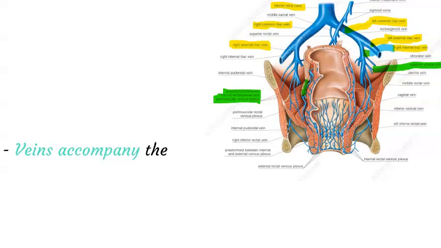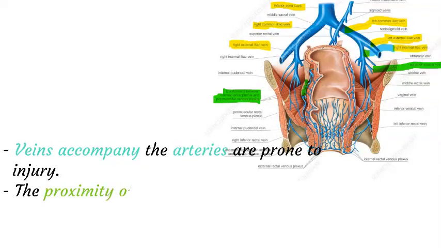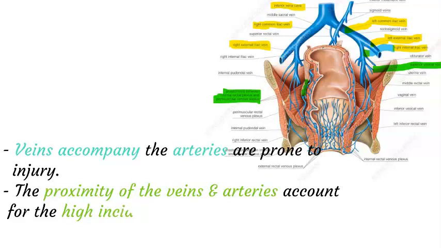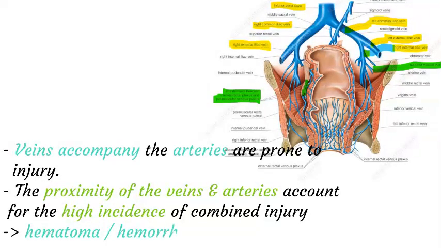From the previous illustration, you can see they accompany the arteries, so the veins are more prone to injury. The proximity of the veins and arteries accounts for the high incidence of combined injury that will lead to hematoma or hemorrhagic shock.